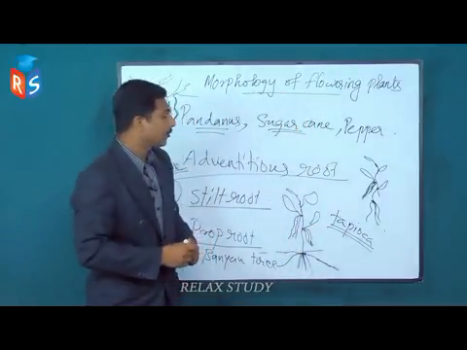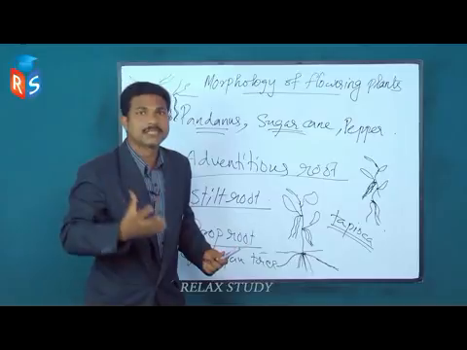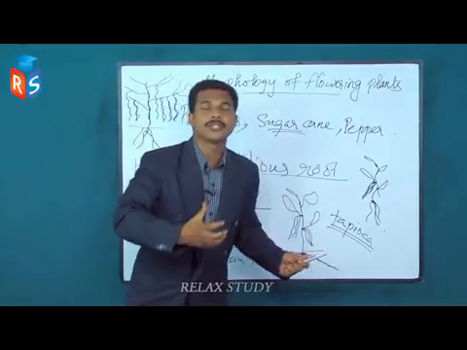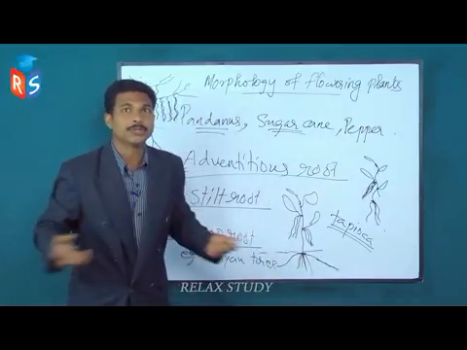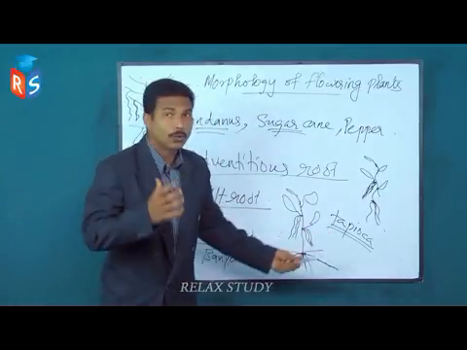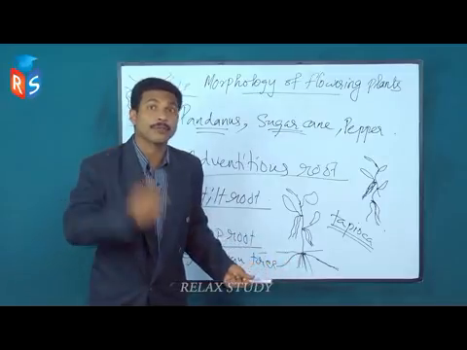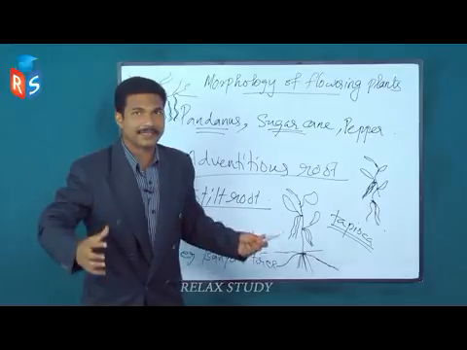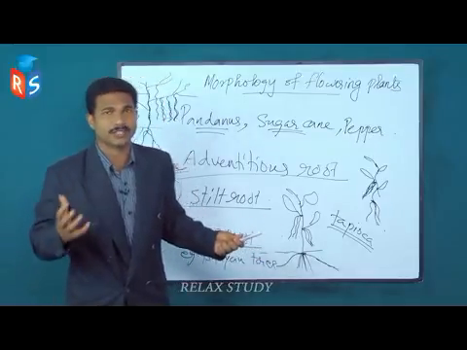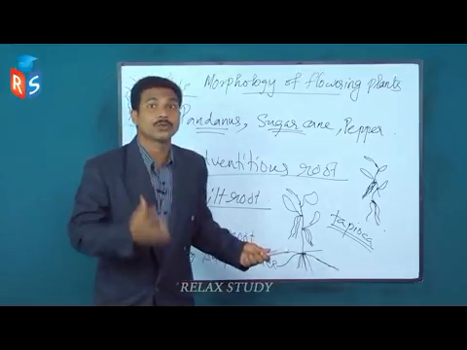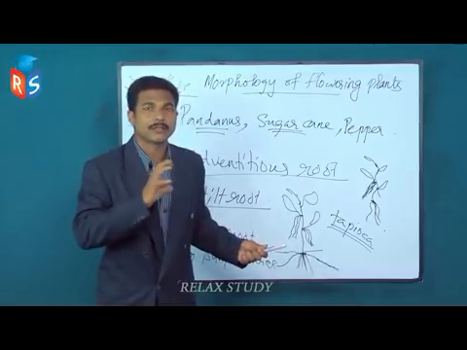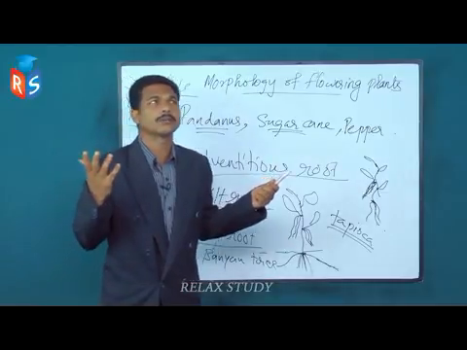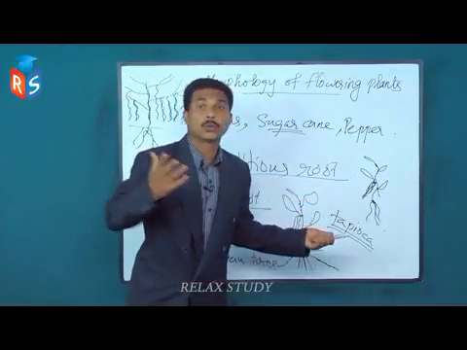In tapioca, food means starch or carbohydrate, and it is stored in the adventitious root, not in the taproot. So the tapioca adventitious root is a modified root for storing food. In addition to providing anchorage, support, and helping absorption of water and minerals, roots also help in storage, reserving the food molecules. That is another function. Different types of modified roots you can see.